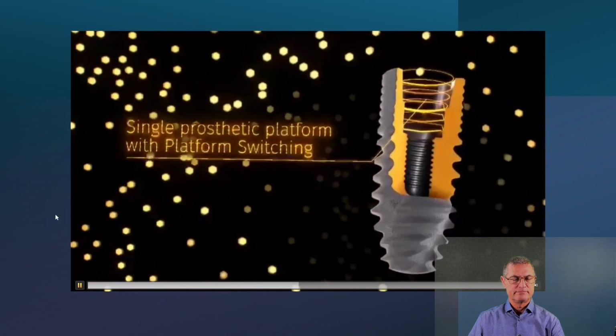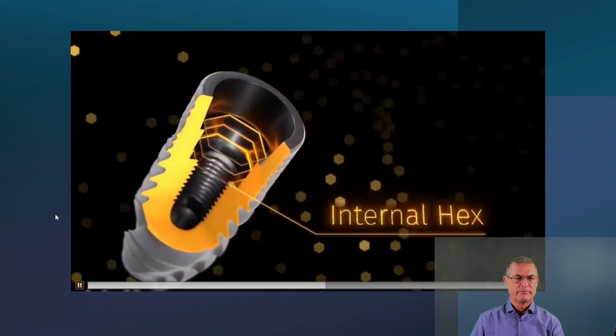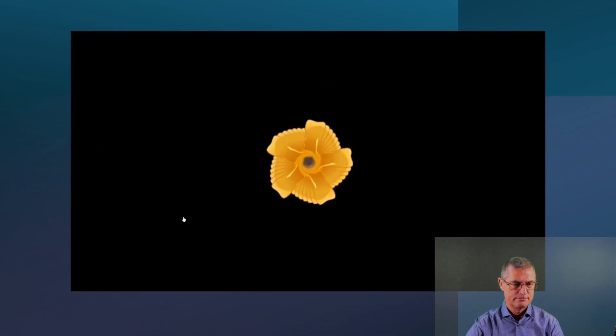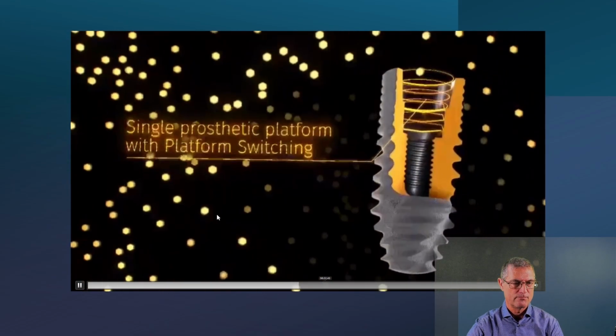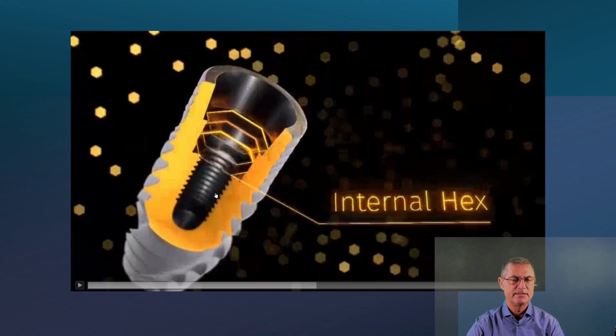So continue. Yes, internal axis is important, so you have no rotation inside, and in this part you can see a conical part, so it's very stable. You need only 27, maximum 30 Newton centimeter to screw the screw, and everything is fine.